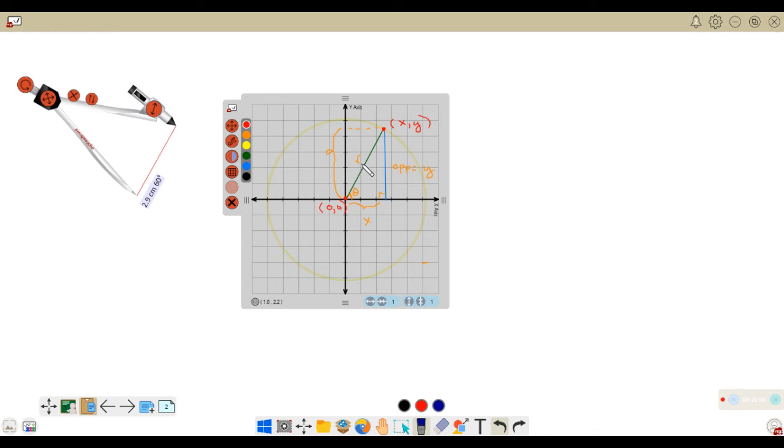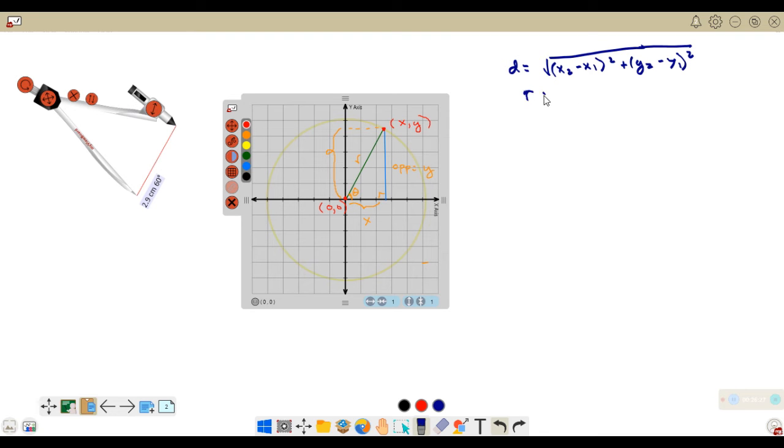So, how can we find the value of r? Using the distance formula, meron tayong distance is equal to the square root of x sub 2 minus x sub 1 squared plus y sub 2 minus y sub 1 squared. Diba?